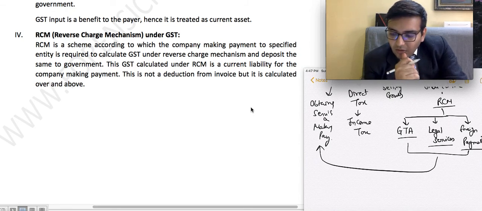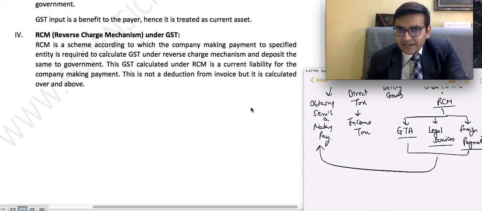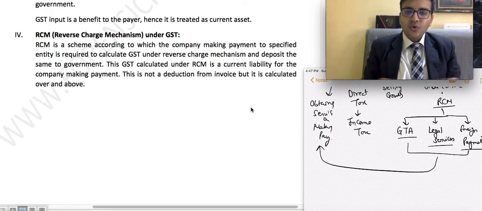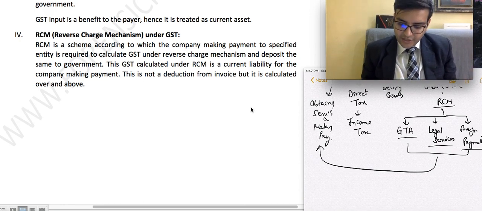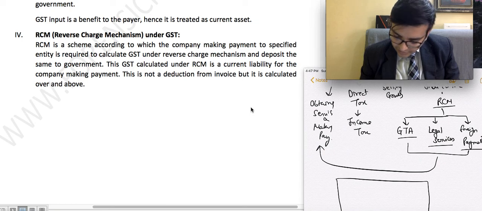Okay. Now suppose I am charging RCM, GST under RCM, then what will be the accounting entry in that case? See, it is very simple. There is no GST involved in the invoice. I got an invoice from a goods transport agency, let's say a trolley wala, XYZ transport.